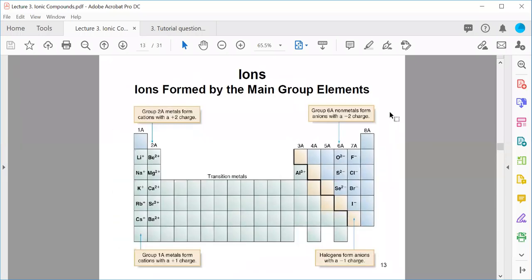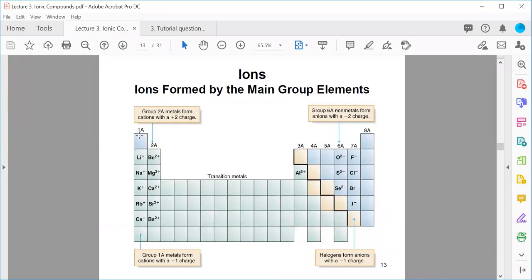All right, here we go. So this is probably the main slide you should look at. Here's the group number, group 1A. These metals in group 1A form a +1 charge. So that relates to the number that you find in the group number.